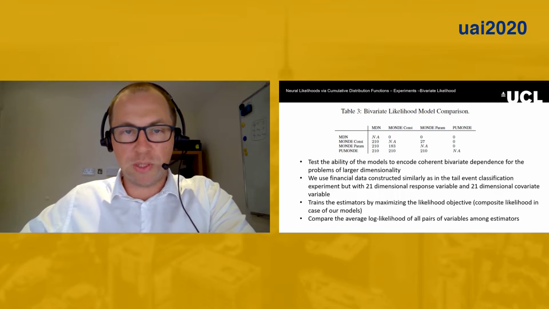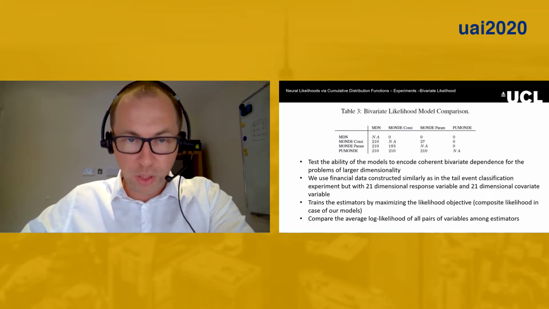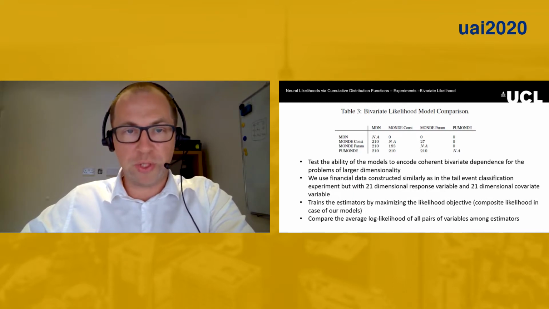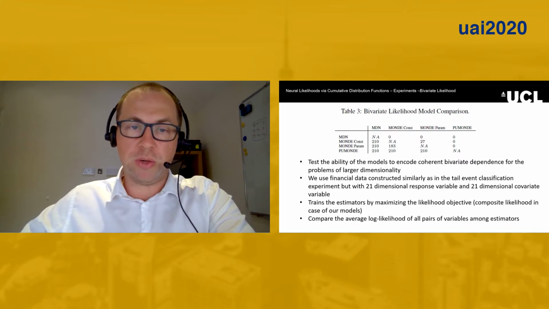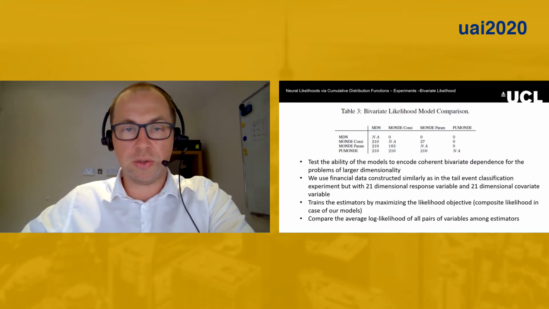To assess model performance, we compute the average log likelihood for each bivariate combination of response variables, giving 210 unique pairs. Each cell of the table contains the number of times the average log likelihood computed for each bivariate combination of response variables was larger for the model shown in the row compared to the model shown in the column.